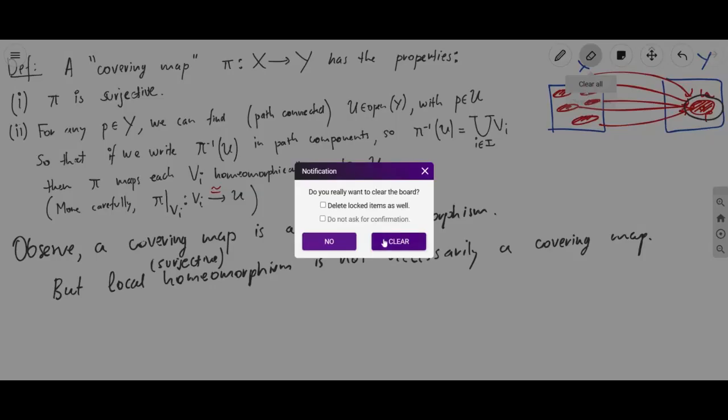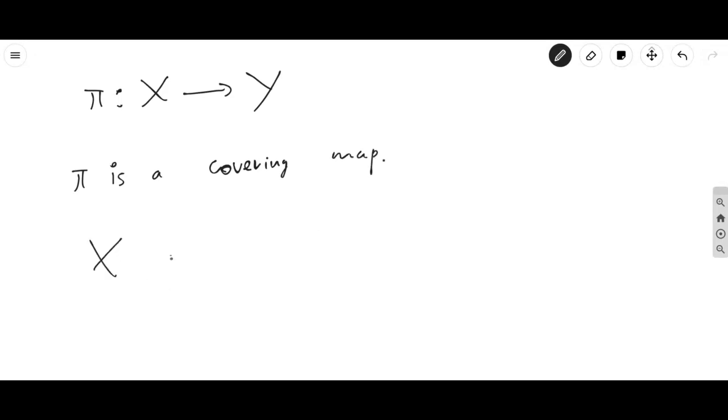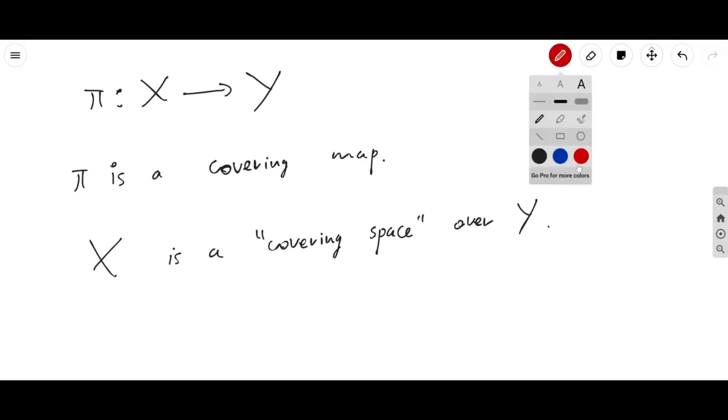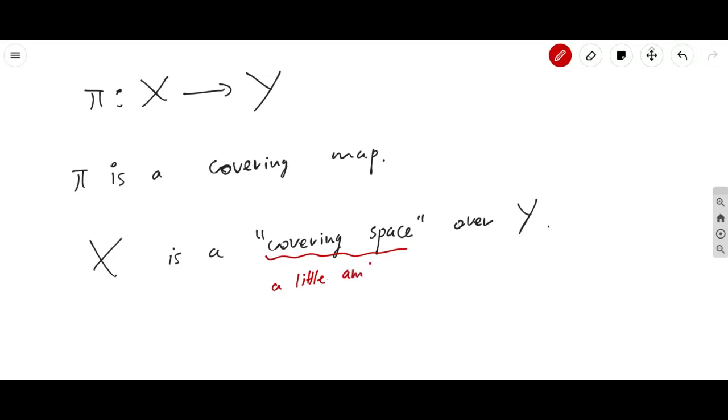So now let's look at some examples. Maybe I should first say some terminology. When you have something like this, you say pi is a covering map, and you would say that X is a covering space over Y. But here you have to be a little bit careful, because this is a little ambiguous.